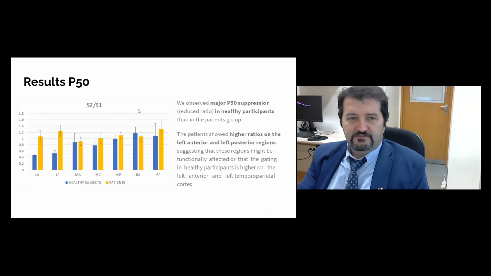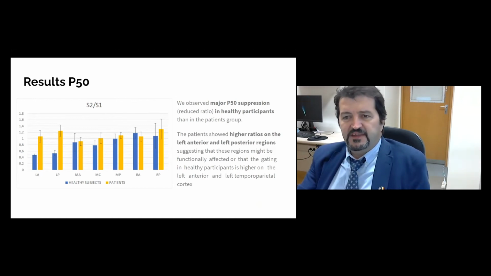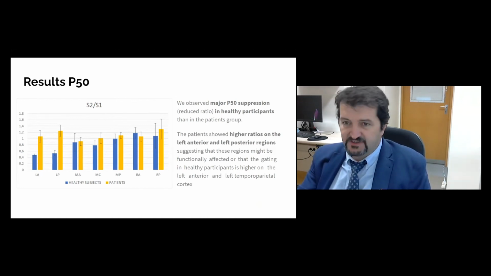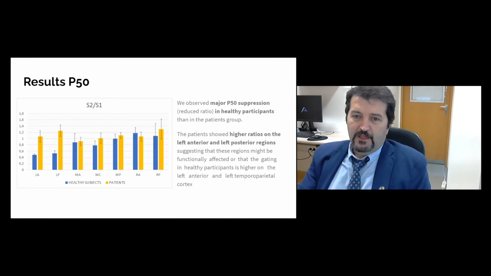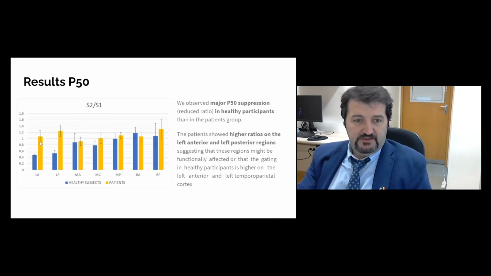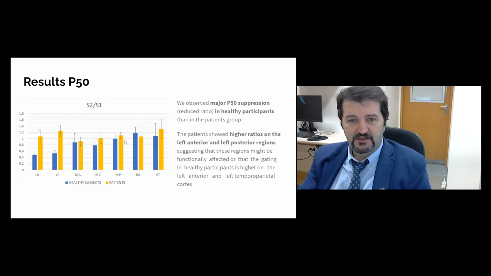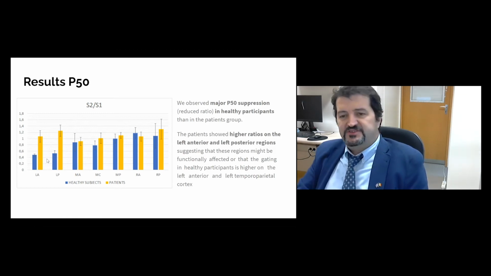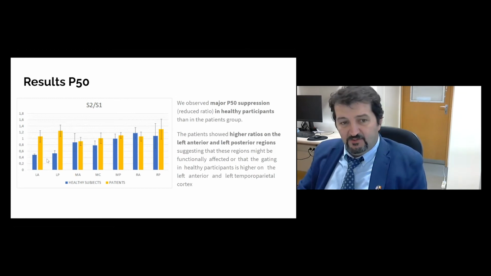So, main results: we observed a major P50 suppression, or reduced ratio, in healthy participants, as was expected. These healthy subjects have better sensory gating, and they had this suppression better in the left posterior regions where we applied the stimulation.